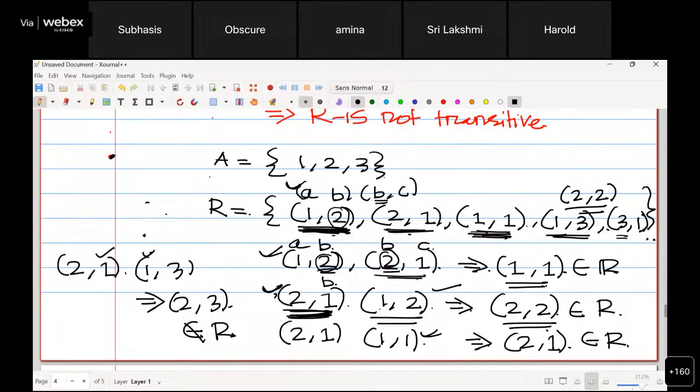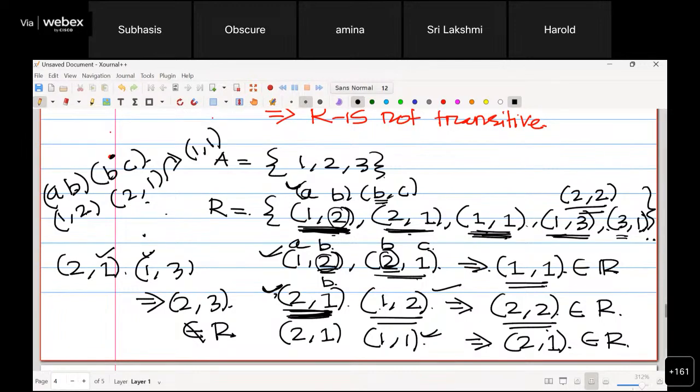If we are comparing 1 comma 2 and 2 comma 1, do we also need to compare 2 comma 1 and 1 comma 2? Yes, why not? When you are taking A, B and B, C, here AB is 1 comma 2 and BC is 2 comma 1, and what you get out of this is 1 comma 1.